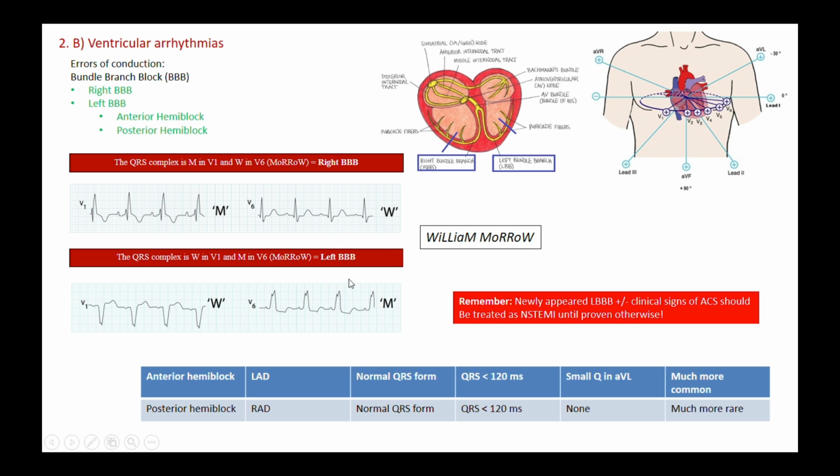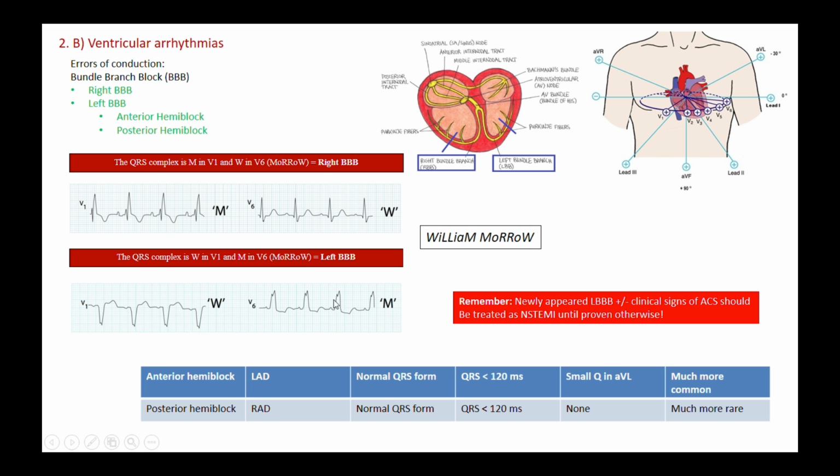While in a left bundle branch block, what we see on the right-sided precordial leads is this W-like shape. It's a small R and a big S wave.